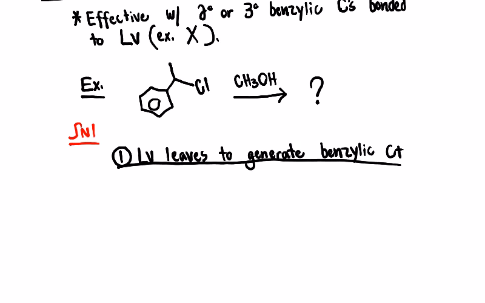So we can go ahead and show that taking place. Around my lone pairs, the leaving group breaks away, and that's going to give us our intermediate here, our carbocation intermediate, like so.